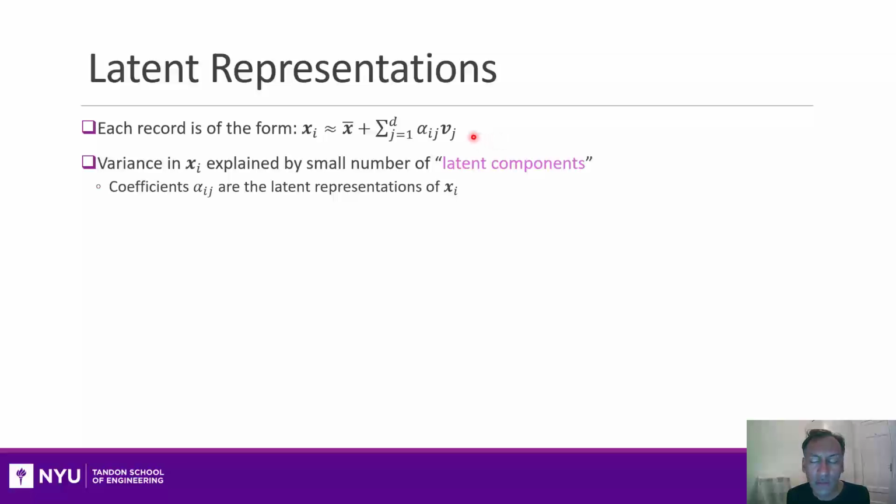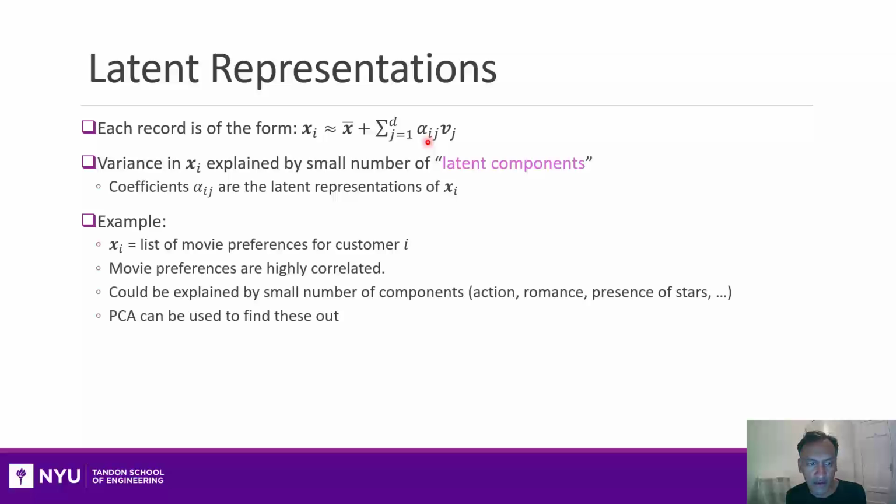So we can think of each coefficient as representing what you call latent components. This might be a high dimensional object, but the variation across the data is explained by a relatively small number of underlying factors.